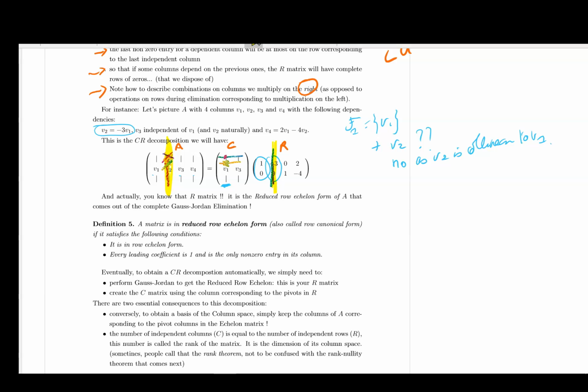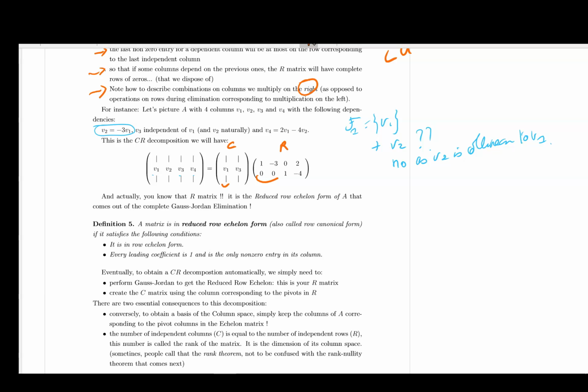So if I want to take -3 times my first column, I have to put a -3 corresponding to my first column, and 0 afterwards. Okay, so let me erase all this scribbling so that we can go on. I hope that up to now we agree on these items.